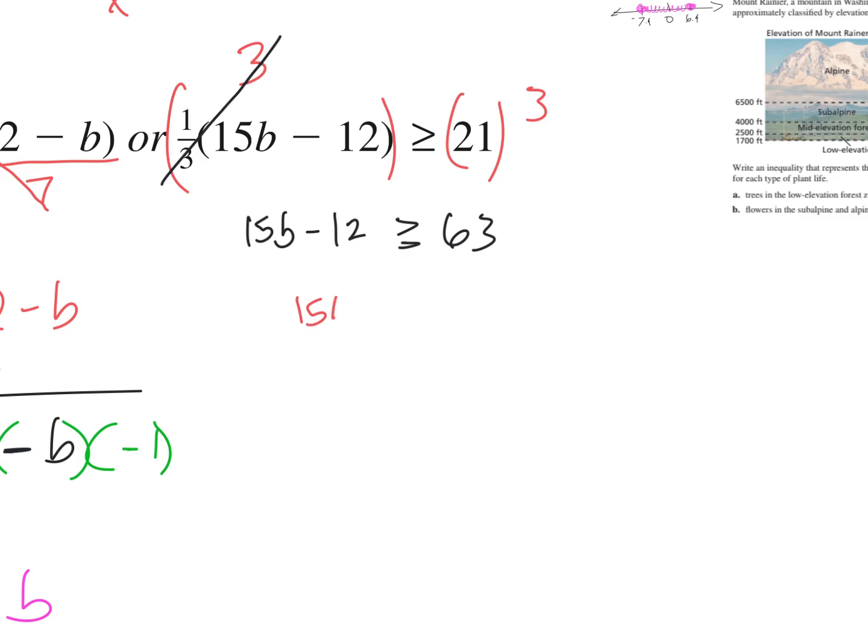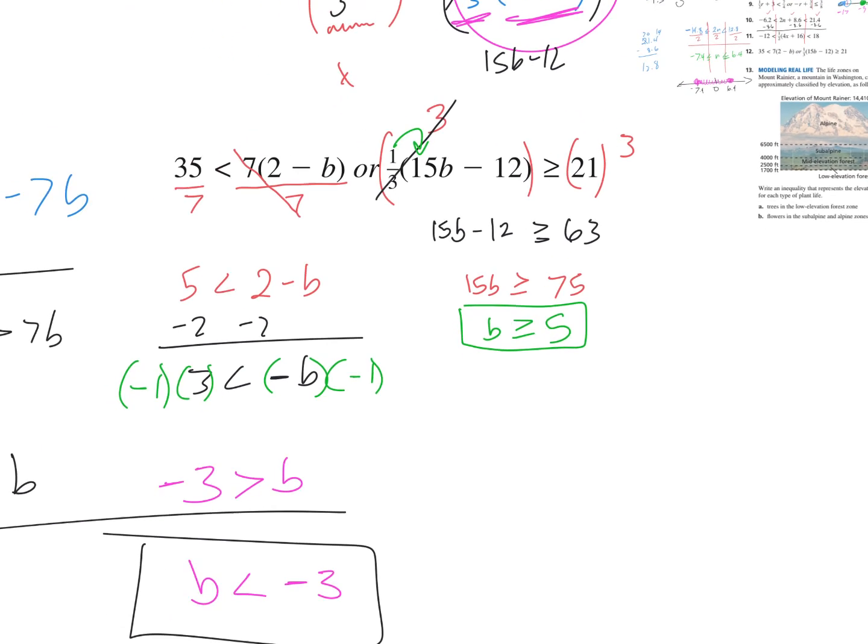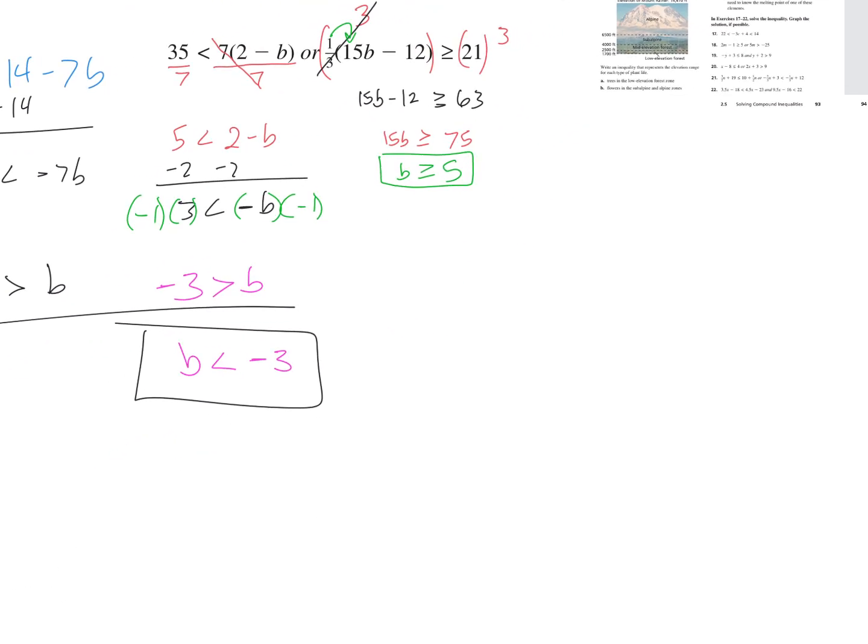Add 12. Divide by 15, and we get 5. So b is greater than or equal to 5 over here. And again, if we had distributed this 1/3, I promise you would still have got the same thing. So, all right, that seems like we did a ton of work, but here's what we've done.